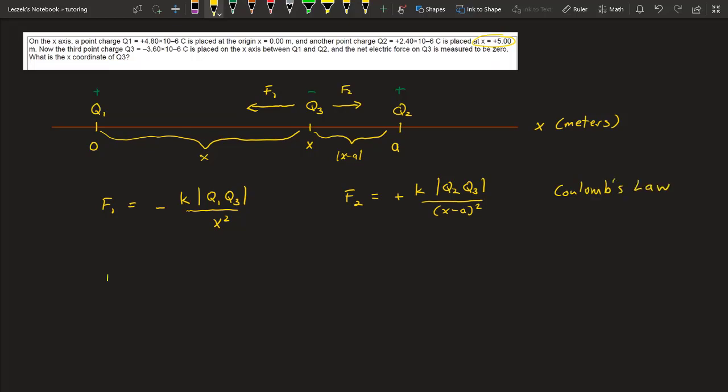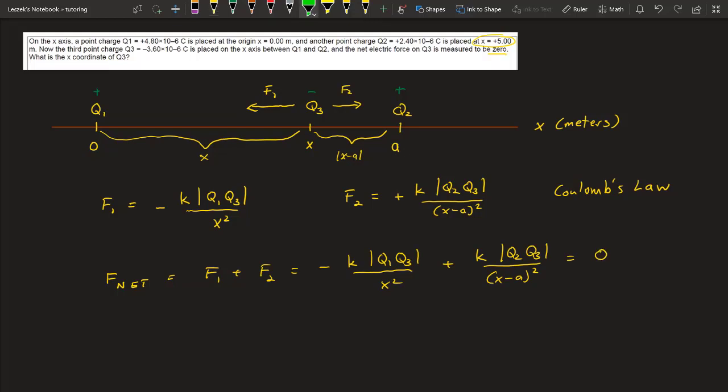So now we see that the net force on charge 3 is just the sum of the two individual forces. And we're going to insist that that's equal to 0. Notice that in this expression on the left, k and q3 are a common factor in those two terms.